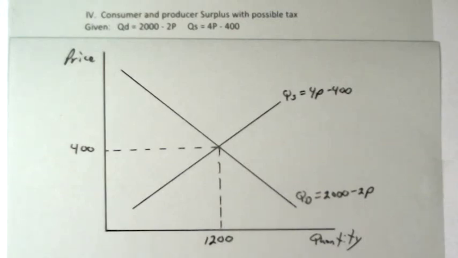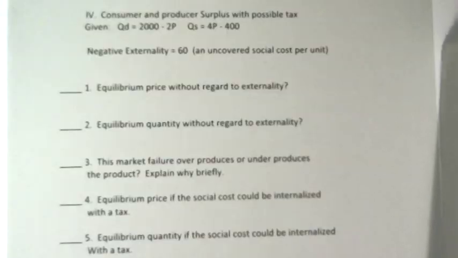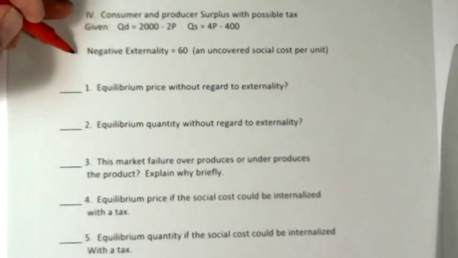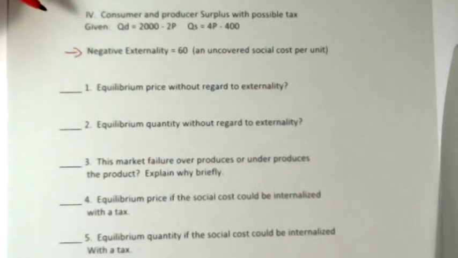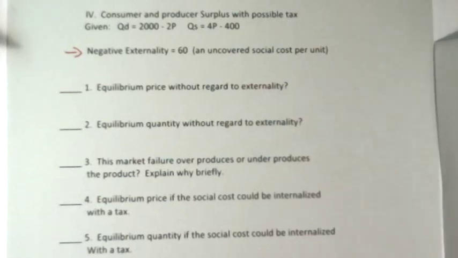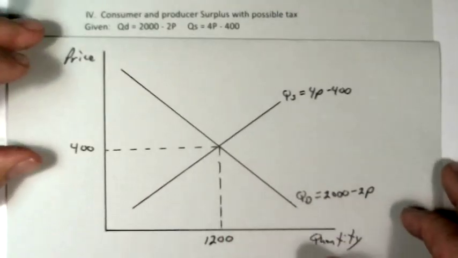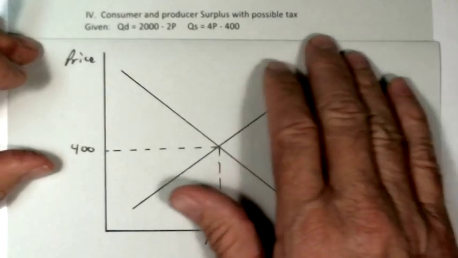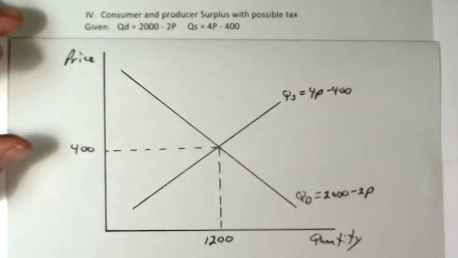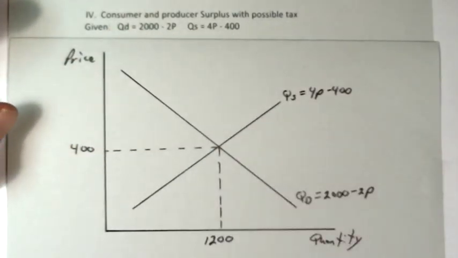Now the market failure comes in because in this particular problem, if you look at the original problem, it says that we have a negative externality, that is an uncovered social cost. So maybe this is an operation that's polluting the air or the water, or maybe it's just loud and there's noise pollution, but these are typical externalities, or something in the production process that's a cost that comes downstream or downwind, and it's not covered by the basic accounting of the firm.